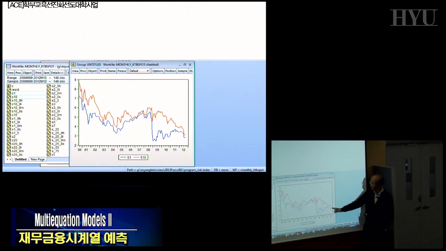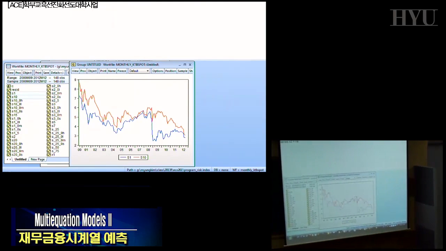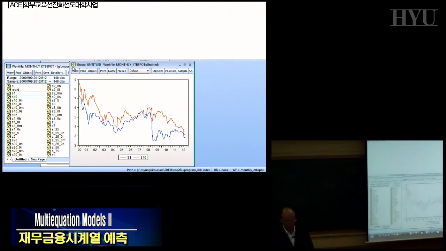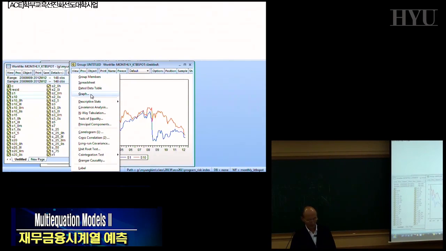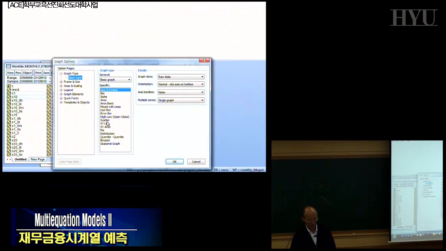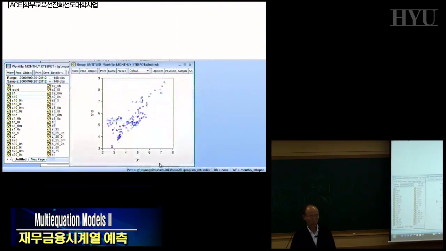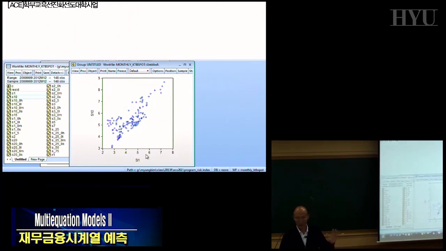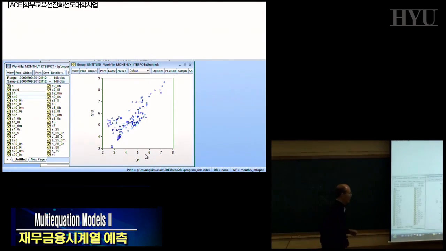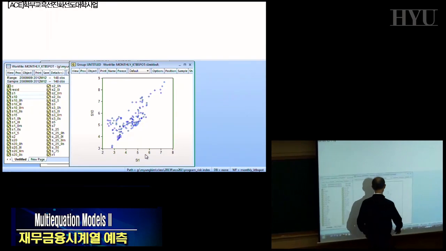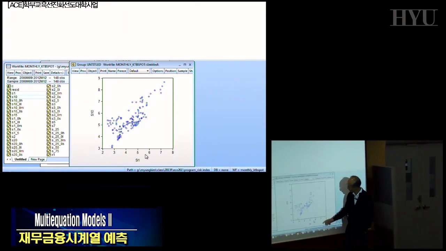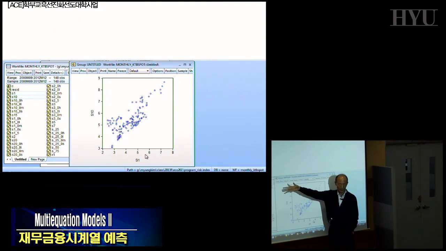But when you look at these two in this way, it may be very different from viewing in another way, like this one. This is a scatter diagram. Now, you see, the most of the variation, well, we've seen in a previous graph the plot of S1 and plot of S10, right?